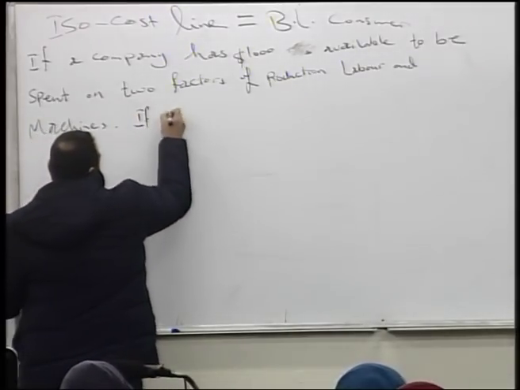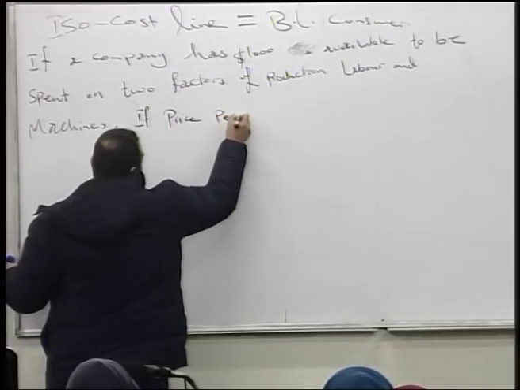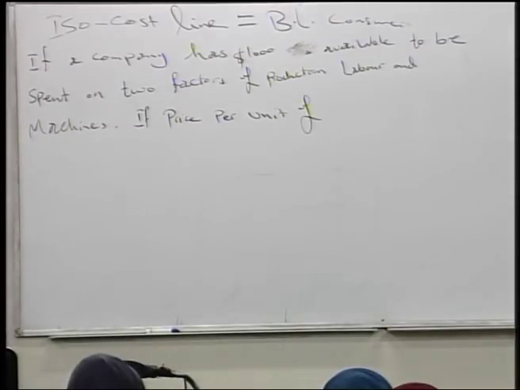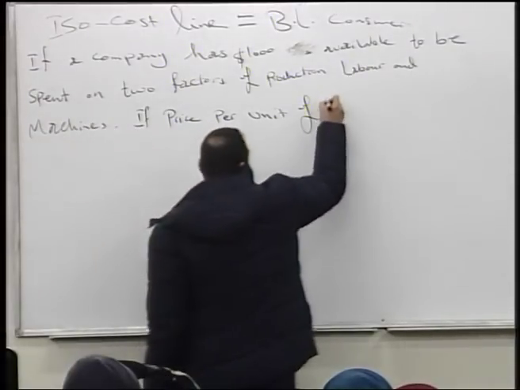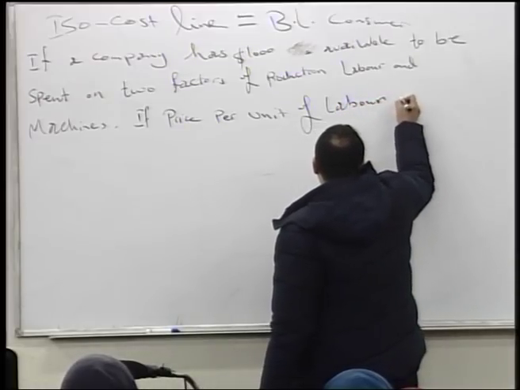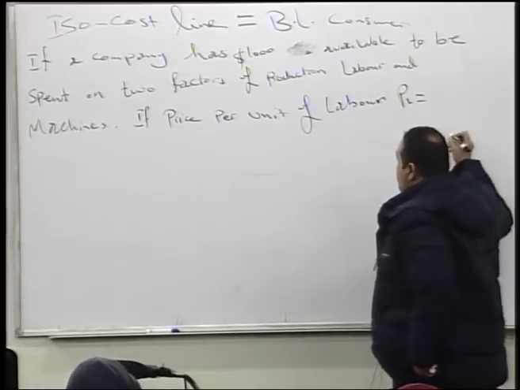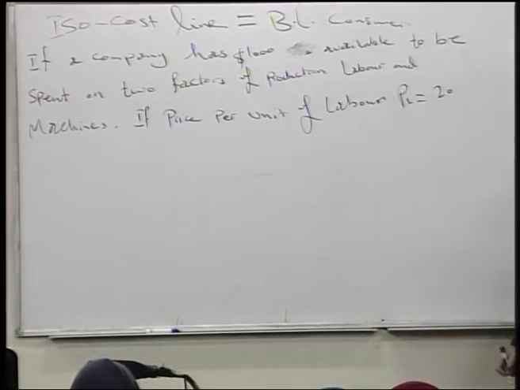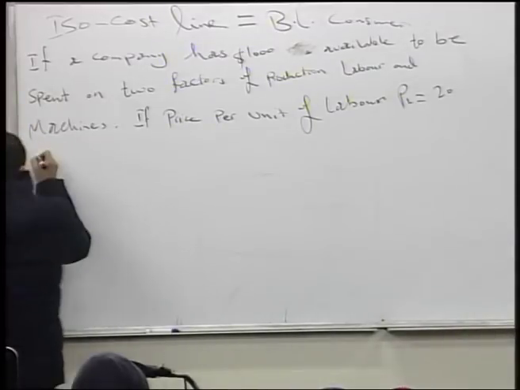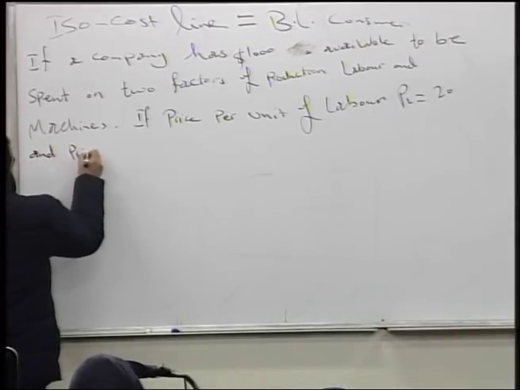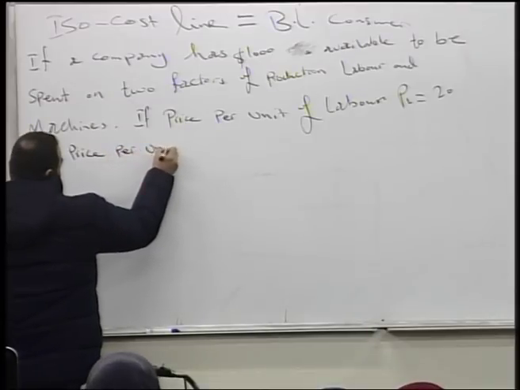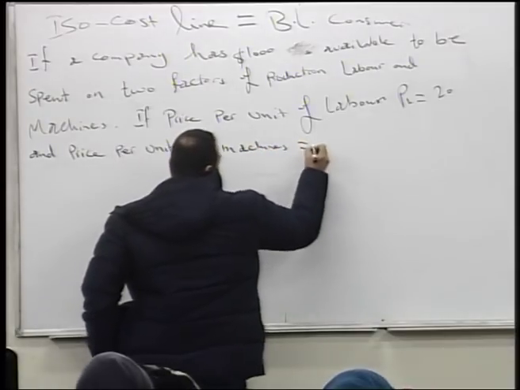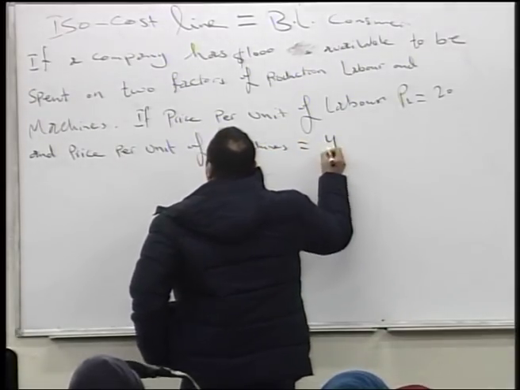If the price per unit of labor, PL, equals $20 and the price per unit of machines equals $40.